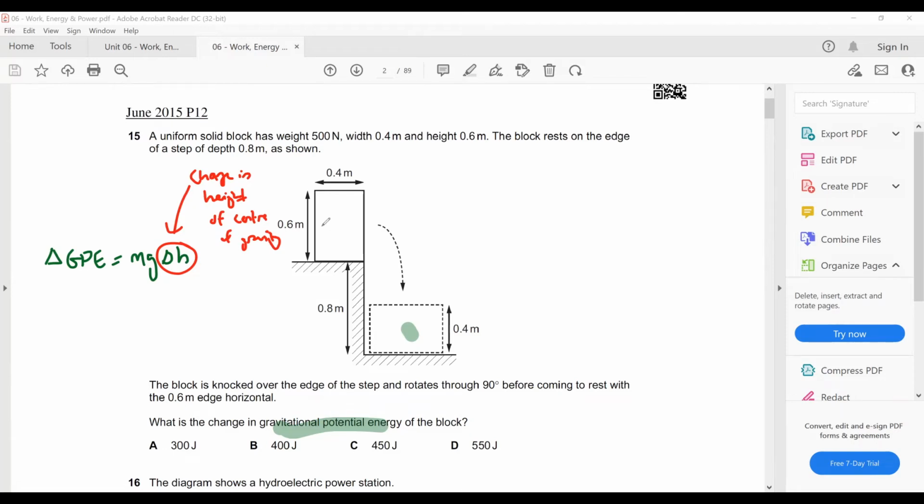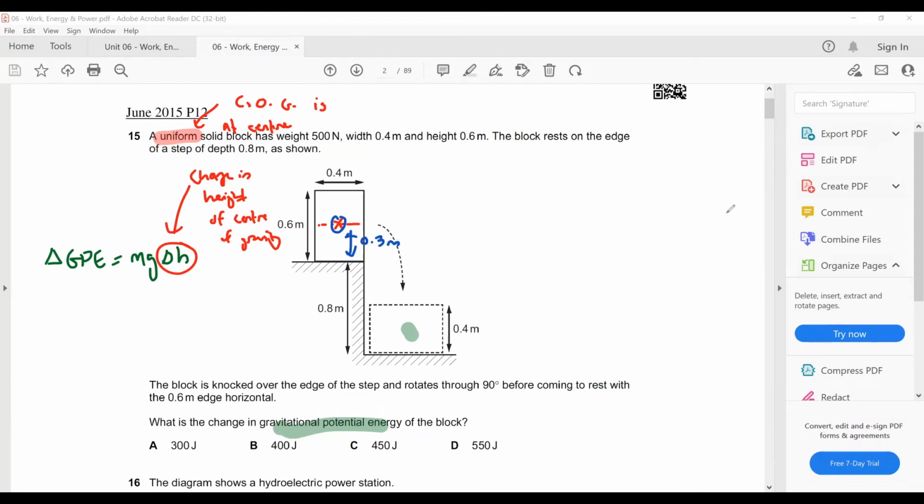So right now, what I can say is that because this is a uniform block, keyword here is uniform, COG is at the center of whatever you are seeing. So my COG will be here. Half of 0.6 would be 0.3 meter.